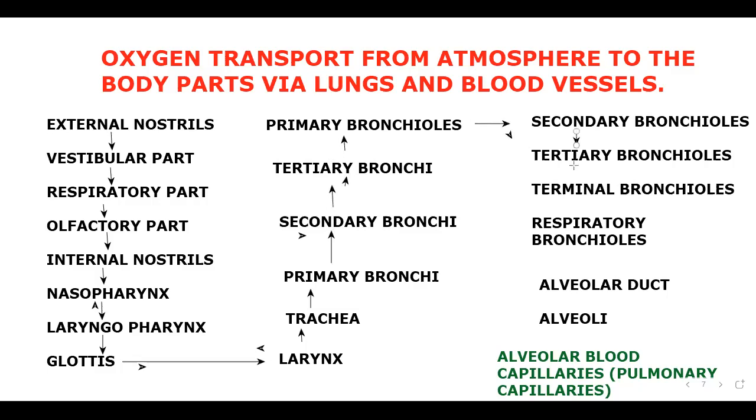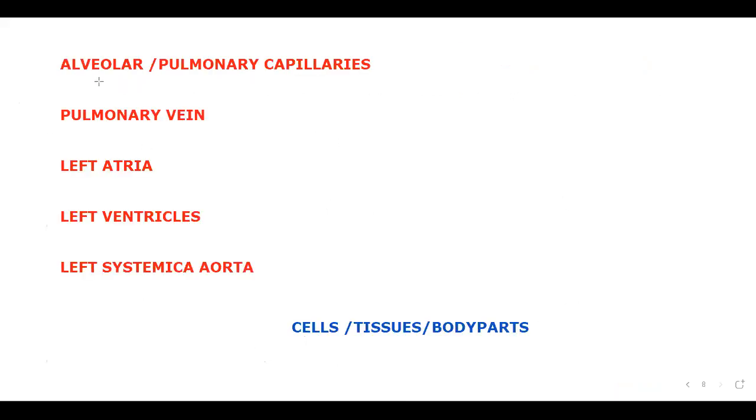Primary, secondary, tertiary, terminal, respiratory bronchioles. Then alveolar duct, alveoli, alveolar blood capillaries or pulmonary capillaries, pulmonary vein, left atrium, left ventricle, left systemic aorta, and finally the body cells, tissues or body parts.